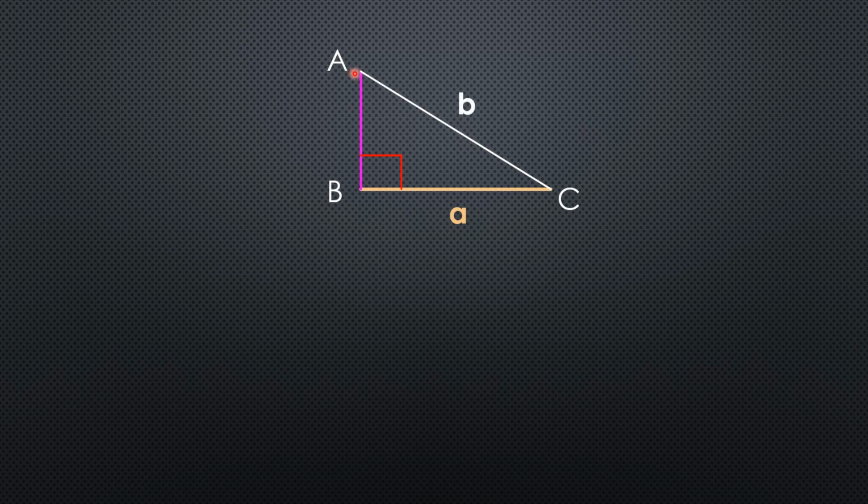Finally, the length of the segment AB, which is opposite to the vertex C, let it be represented by the letter c. So now with this we can write down the data. In the right angled triangle ABC, angle ABC is 90 degrees.